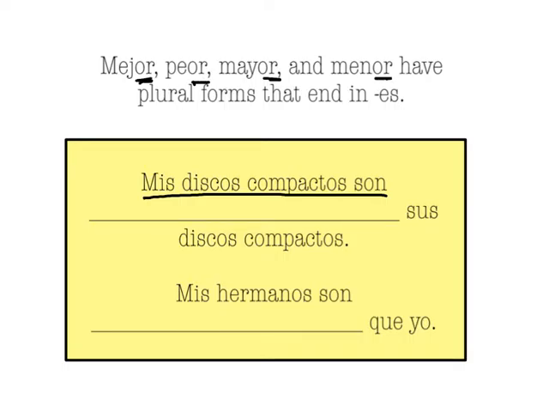However, we do need to worry about whether it's singular or plural. So if we wanted to say my CDs are better than your CDs, we would say mis discos compactos son mejores que sus discos compactos. Remember, this needs to agree with the word here.